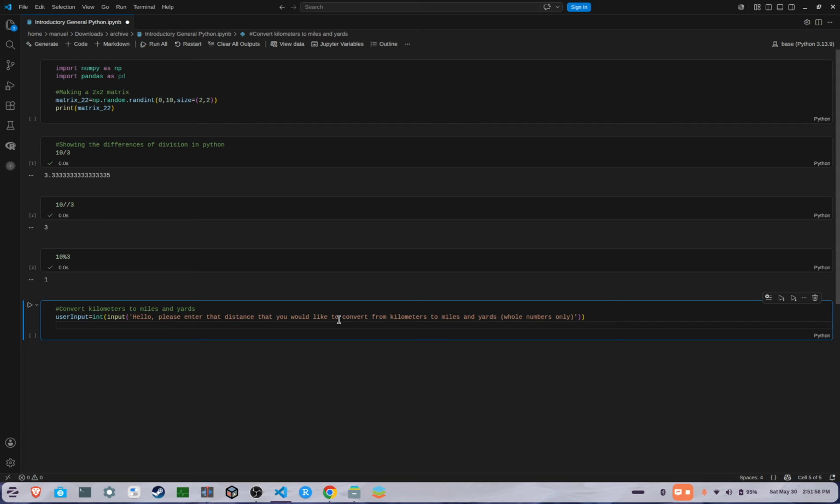Okay, so let's say they give an input. First, we need to calculate the miles. We'll call it miles equals user input, and we only want the whole numbers. And 1 mile is approximately 1.6 kilometers. 1.609 if I remember correctly from when I took my engineering physics class, but 1.6.